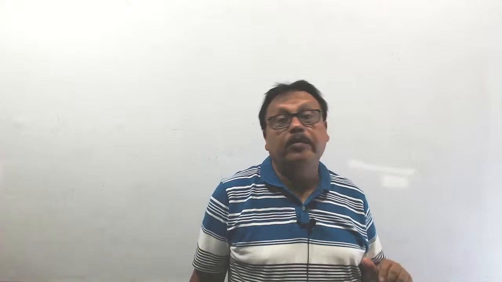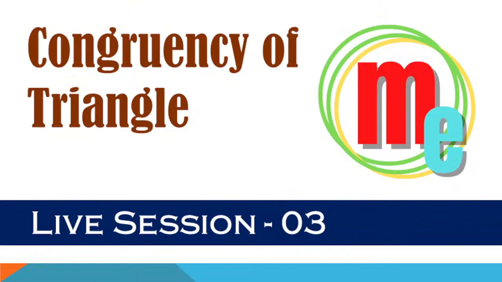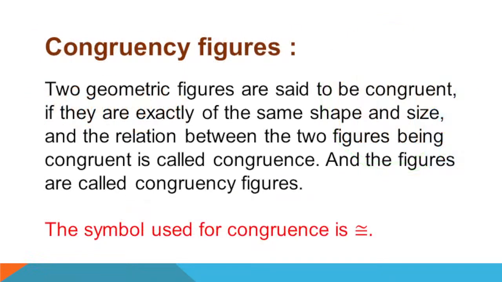So today we are going to start congruence of triangle. First of all, see what is congruency. It is session 3, and within 2 more sessions I will try to complete the congruency of triangle.